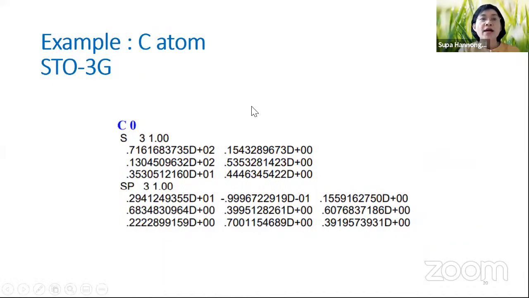And now for the carbon atom with STO-3G, what about the values of the basis function? This is the carbon atom C. And this is the result from a program called Gaussian 94.